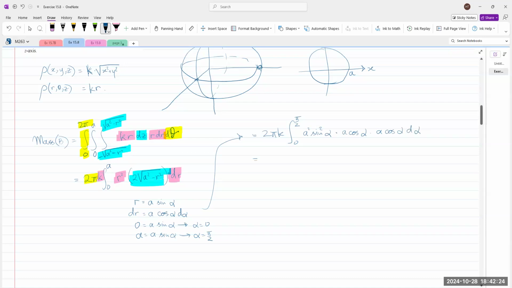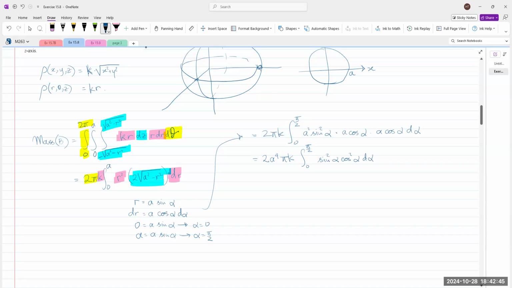So that's 2 a to the 4th pi k integral from 0 to pi over 2 of sine squared alpha cosine squared alpha d alpha.